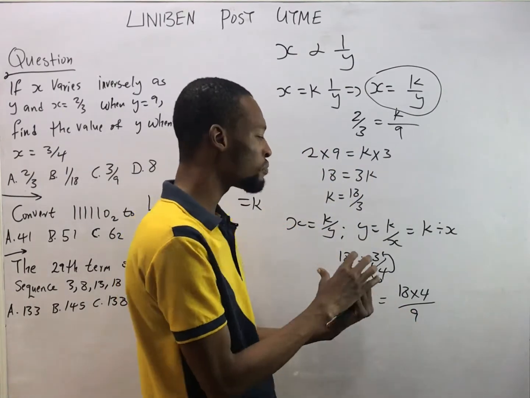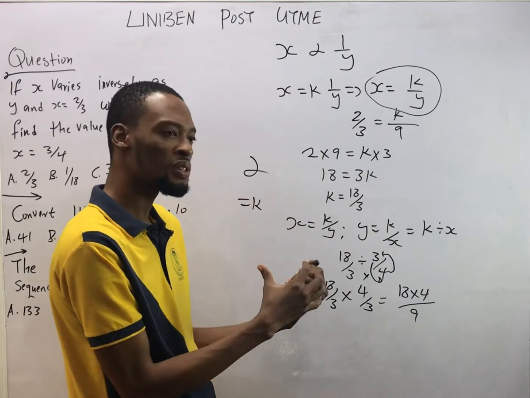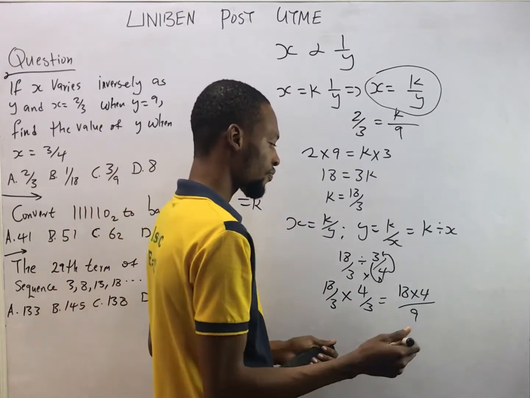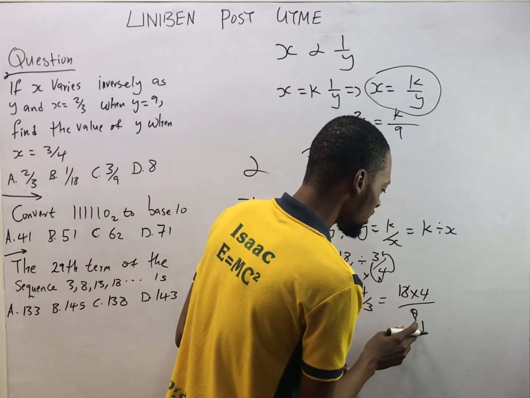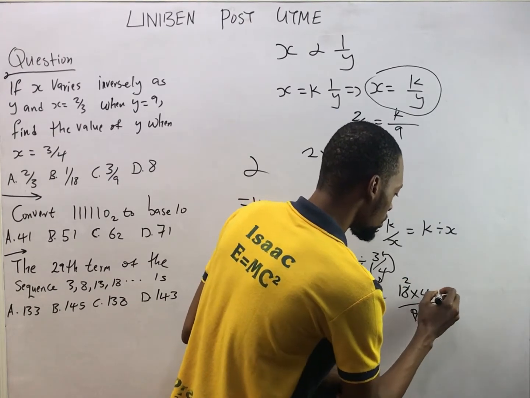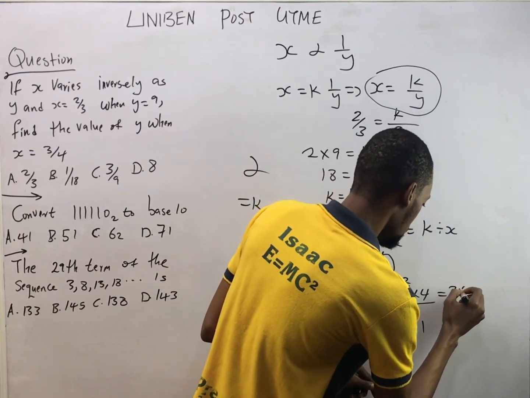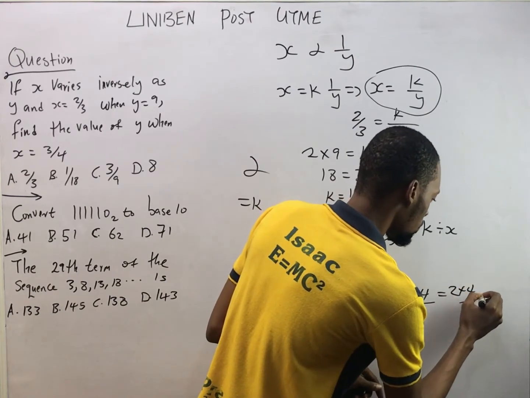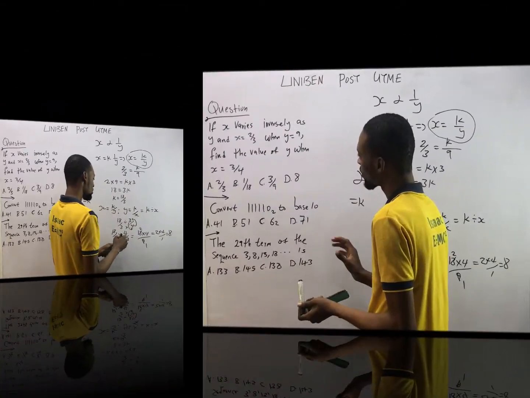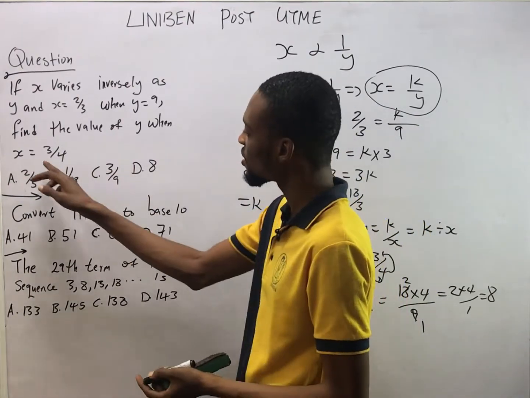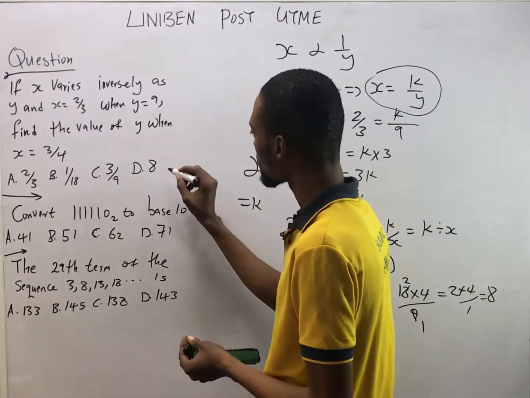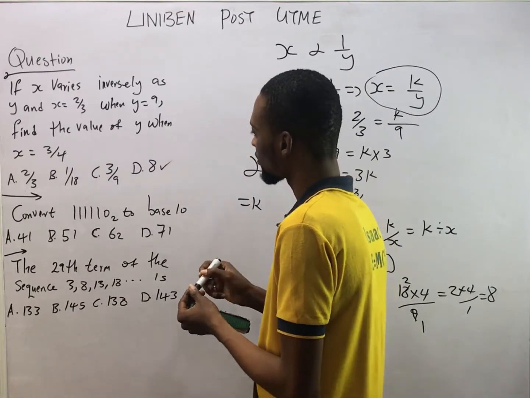I'm doing all this to break it down so that you'll be able to solve it without a calculator. 9 divided by 9 is 1. 18 divided by 9 is 2. So we are left with 2 times 4 over 1, which equals 8. So Y equals 8 when S equals 3 over 4. So the answer is 8.